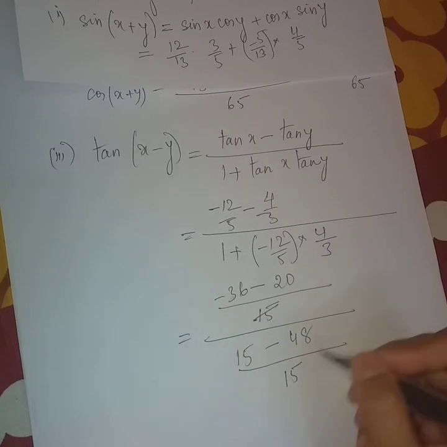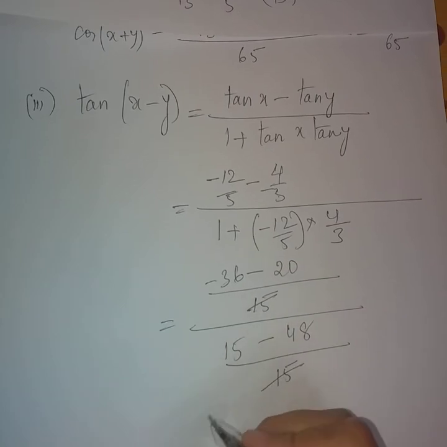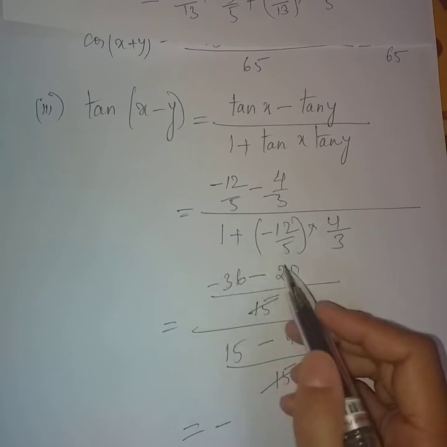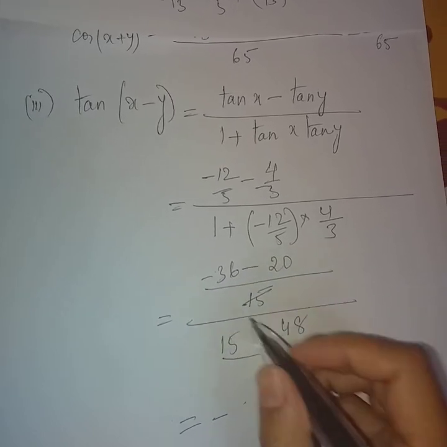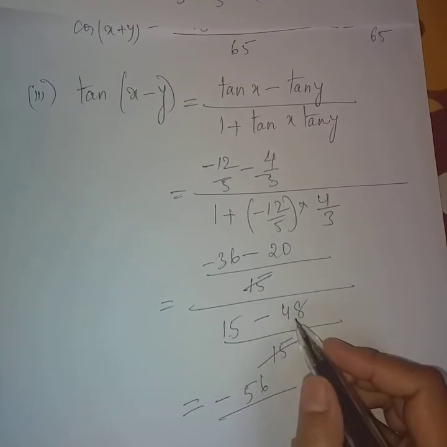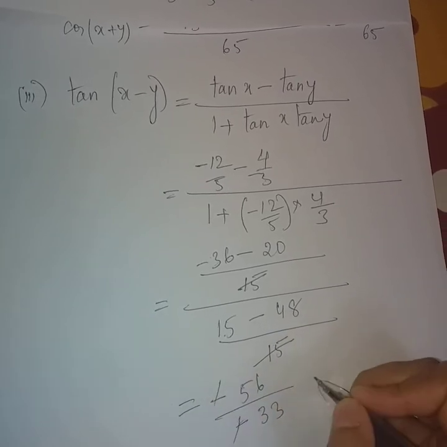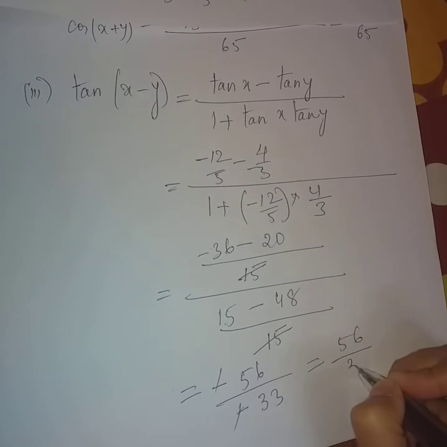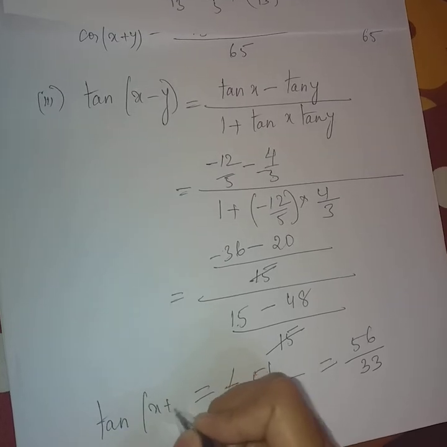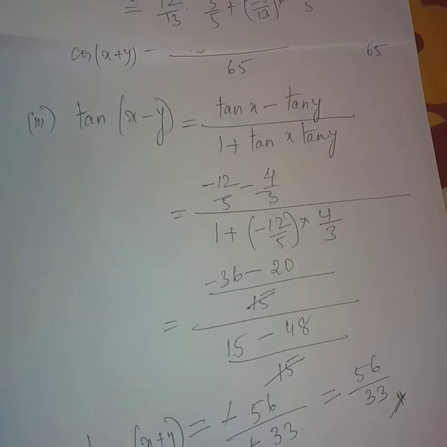So here we see it gets cancelled, and here we add it, minus and minus gets added. So minus of this is 56 divided by, here it gets subtracted, it is minus 33. So minus minus gets cancelled, so we get the final answer 56 by 33. So tan of x minus y, we got it to be 56 by 33. So this is the final answer.